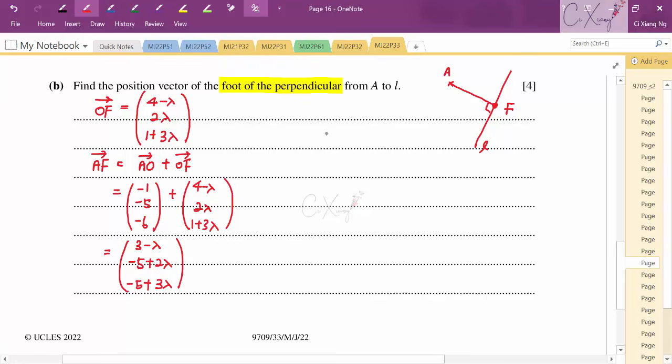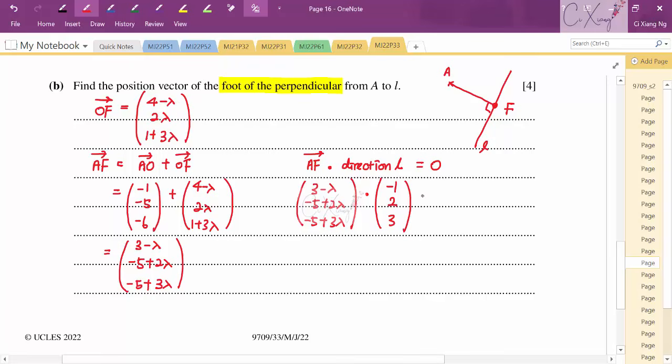To further continue with the calculation, I know that if I take AF dot product with the direction of the line, it will be equal to 0 because they are perpendicular to each other. The direction of the line basically is -1, 2, and also 3, which you can take from here.